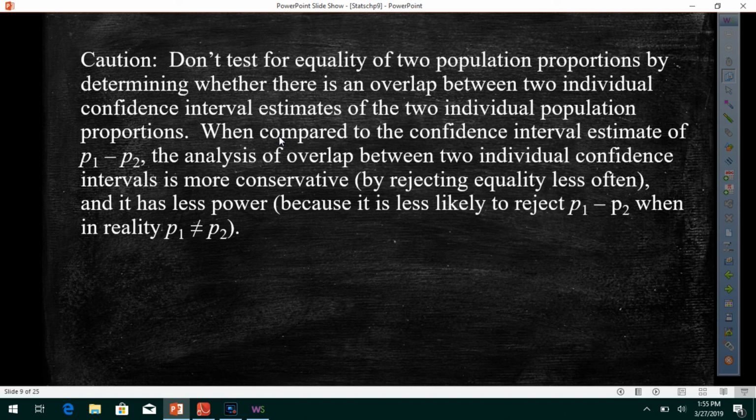When compared to the confidence interval estimate of p sub 1 minus p sub 2, the analysis of overlap between two individual confidence intervals is more conservative by rejecting equality less often. And it has less power because it is less likely to reject p sub 1 equals p sub 2 when in reality, p sub 1 is not equal to p sub 2. All right, that's something to be cautious of.